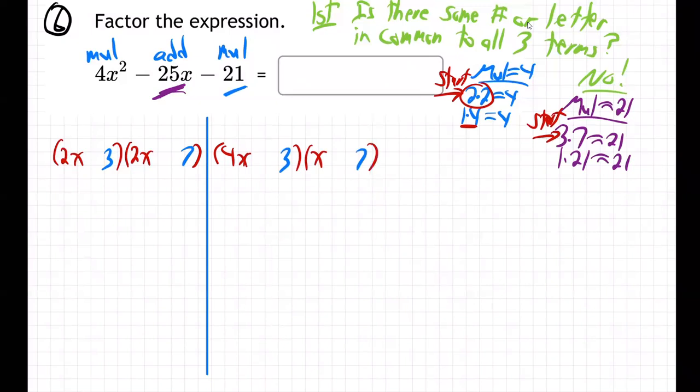Or it can be the other way, huh? It could be 4x and x, and then switch the order, put the 7 here and the 3 there, because that's different. Now the 7 is with the 4 and the 3 is there. And those are all possibilities.